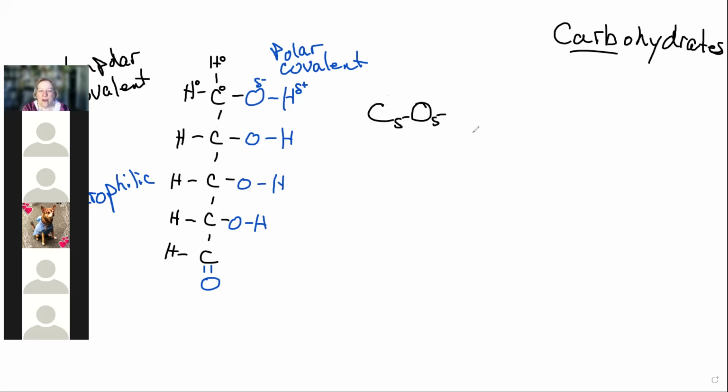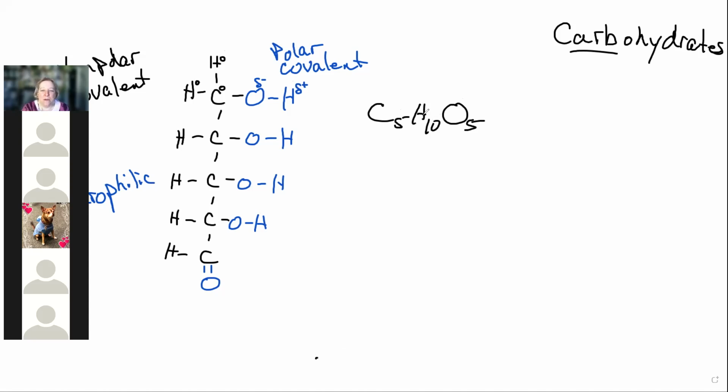So I've got 5 carbons and 5 oxygens, and I need to move this over. Okay. Now, if I count hydrogens, 1, 2, 3, 4, 5, 6, 7, 8, 9, 10. Okay. I've got 10 hydrogens.